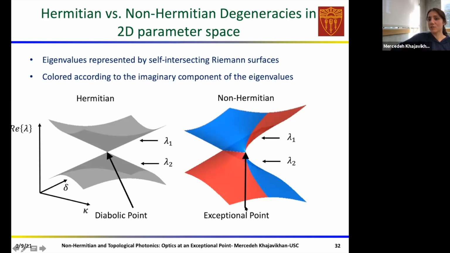Now, in non-Hermitian systems, that's not the case. You can start in one of these places, adiabatically change the system and come back to where you started, and all of a sudden you are ending up in the upper sheet or in another sheet. As a result of that, you're not only seeing that the eigenvalue is changing, but also the eigenvector is changing.